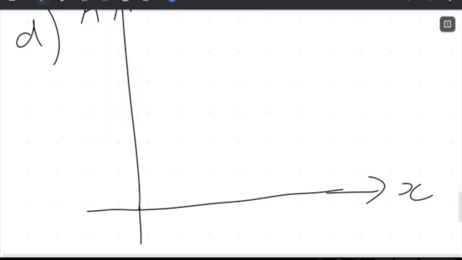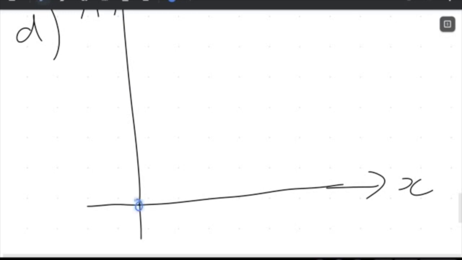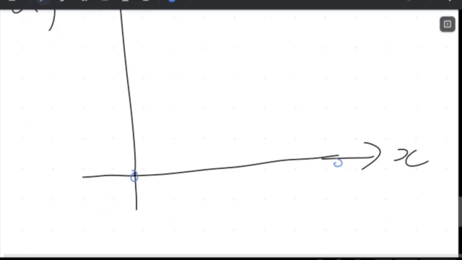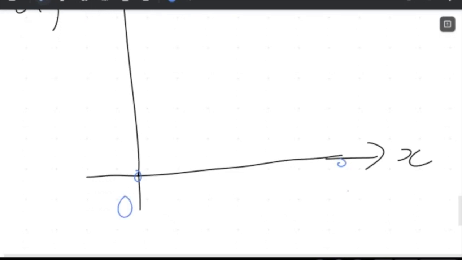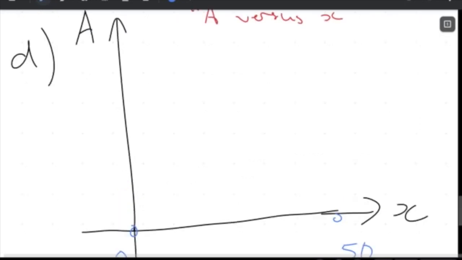So we're going to use this open inequality symbol to show that it's greater than 0 but not including 0. And then an open one here as well at 50. So I have 0 and 50 here. And I want to sketch this graph.